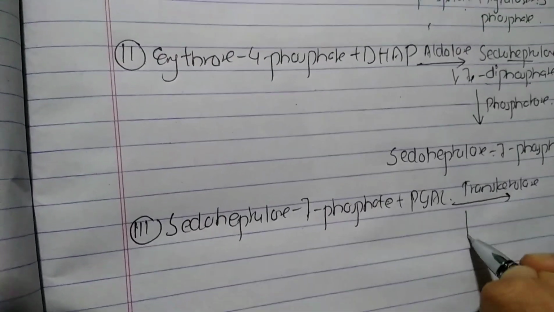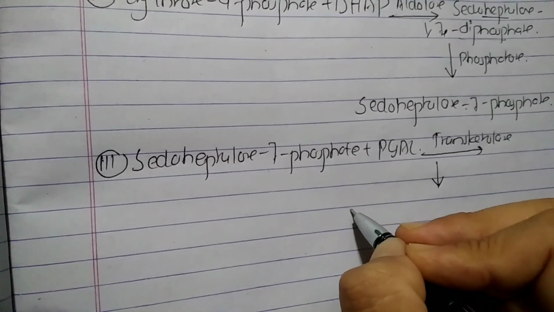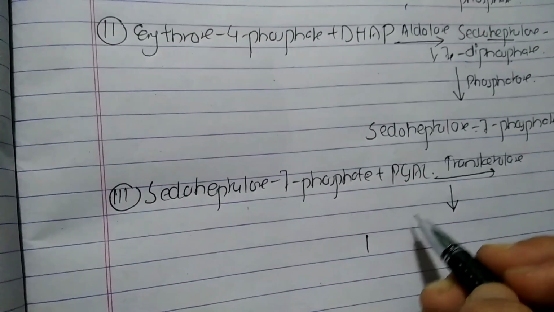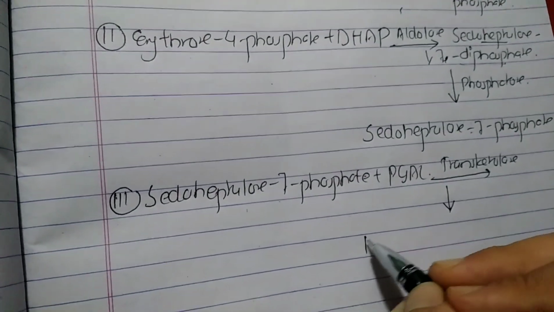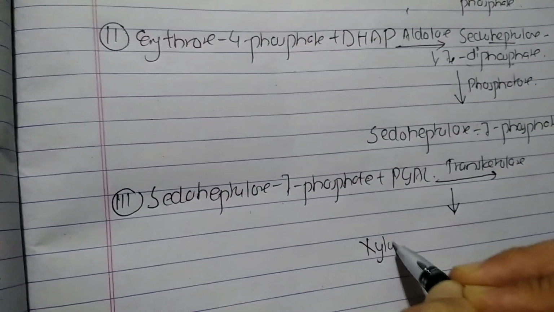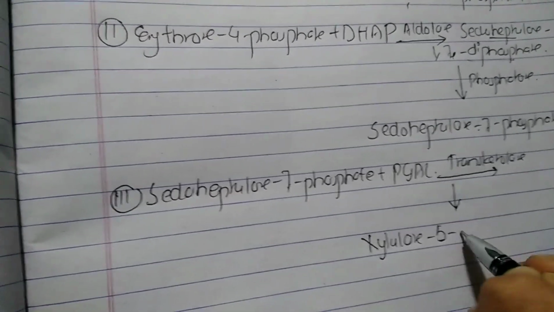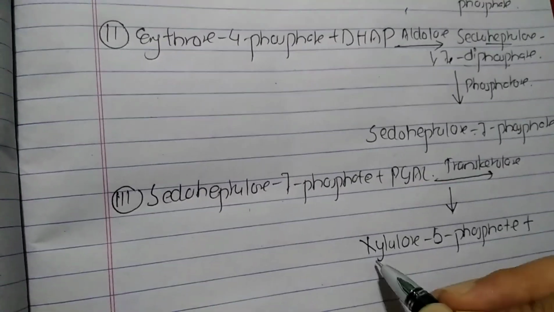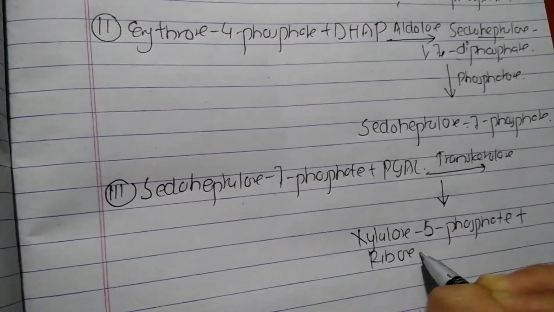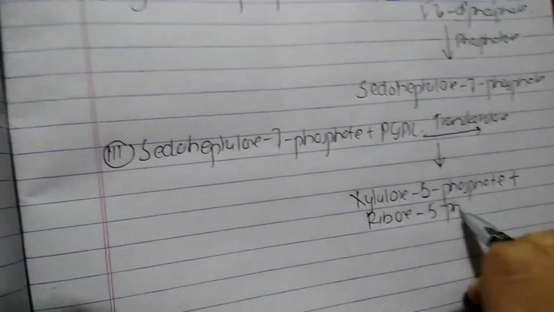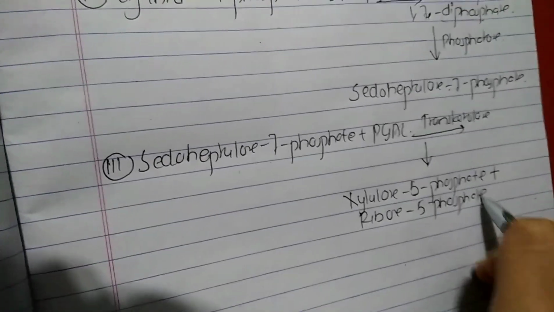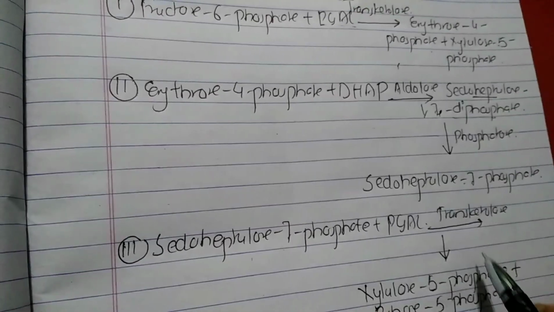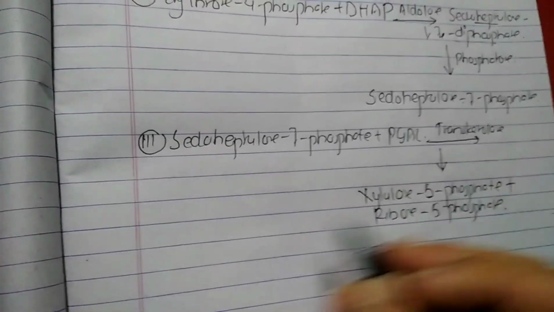So it will give you xylulose 5 phosphate plus ribose 5 phosphate, right? Both of which are 5 carbon compounds, and now the process of isomerism becomes easy.